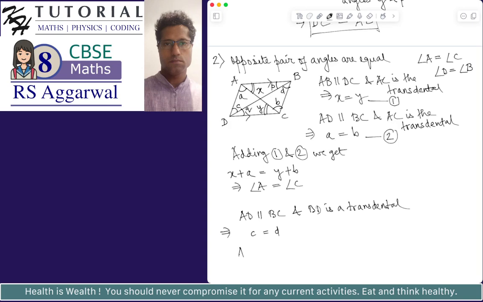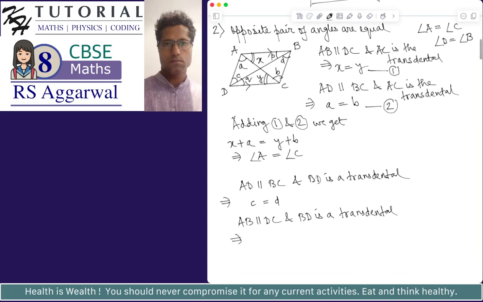Again, since AB is parallel to DC, and BD is a transversal, this will imply P will be equal to Q. They are alternating interior angles.